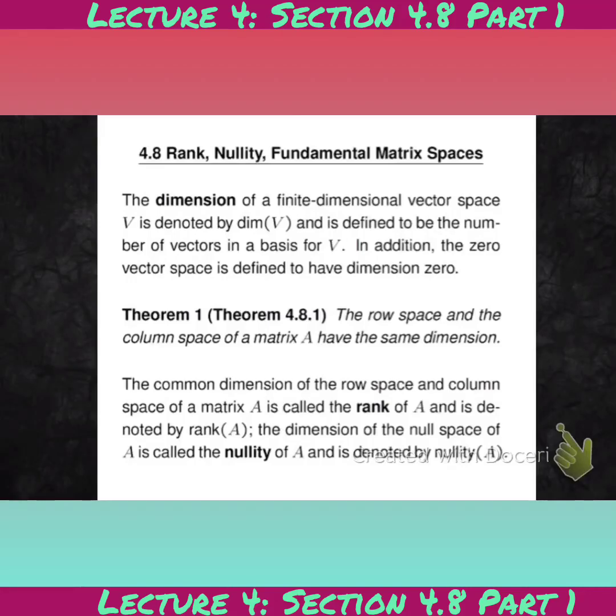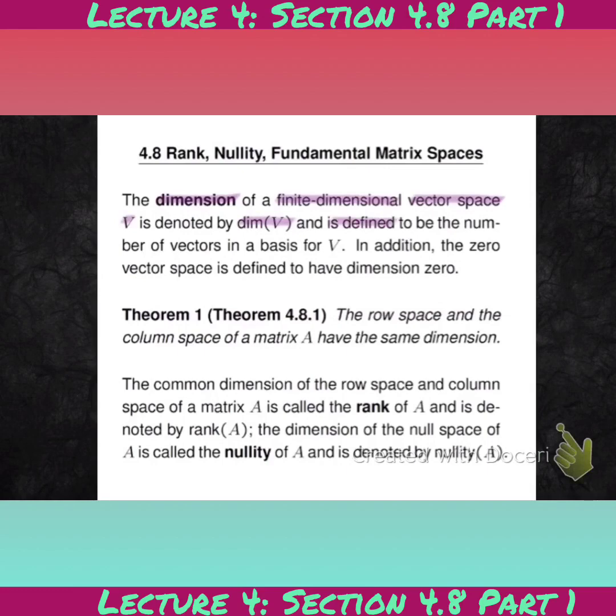All right, so we have next up in line section 4.8, which deals with the concepts of rank, nullity, and fundamental matrix spaces. Now recall that the dimension of a finite dimensional vector space V is denoted by dim of V. And how did we define the dimension?